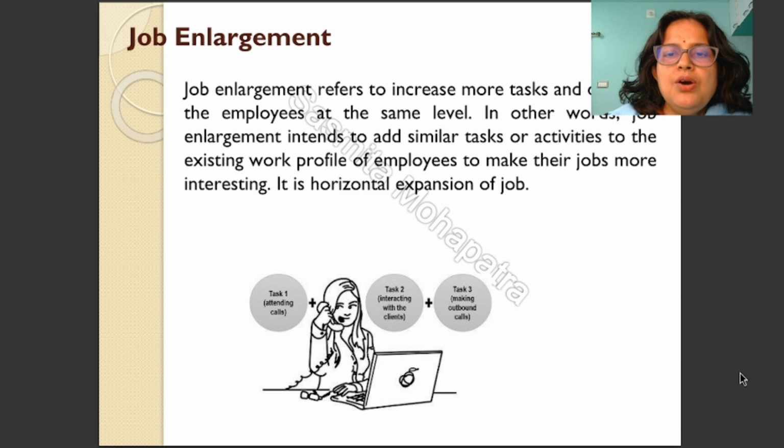So this is a horizontal expansion. With the existing work profile, more tasks and activities need to be performed by the employee in the same position. That is job enlargement, a horizontal expansion of the job design.